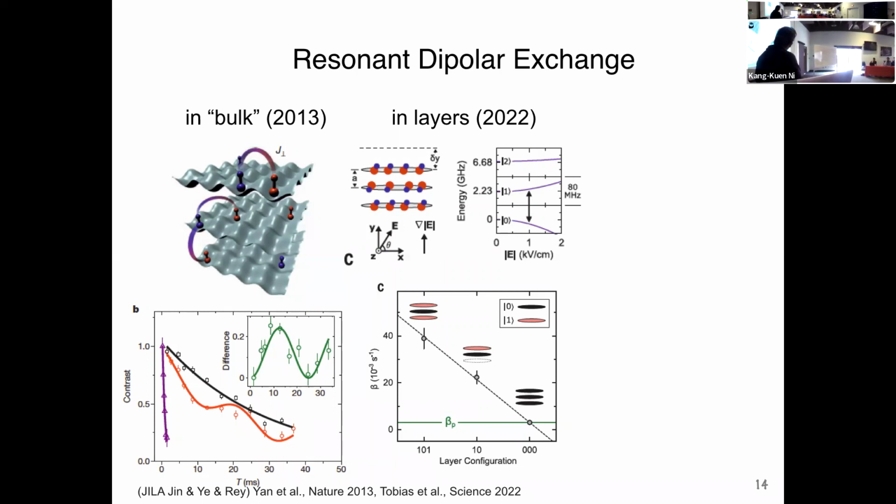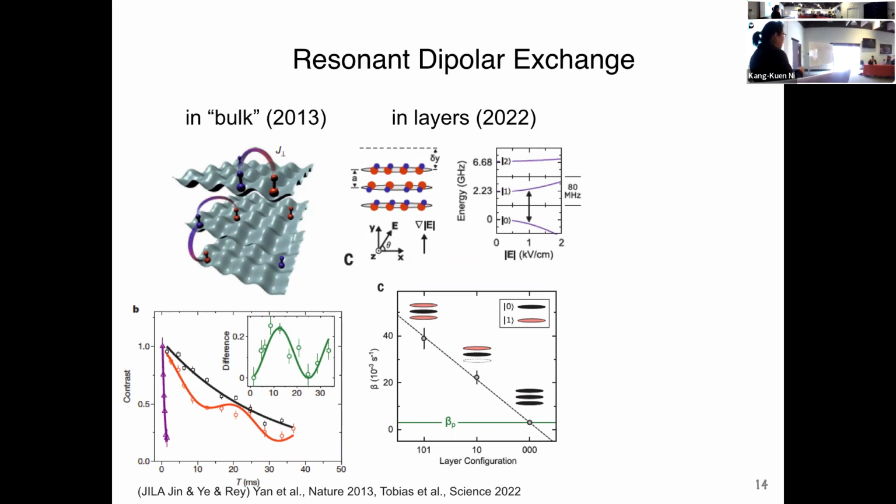For example, in this case, 0, 0, 0, they don't see anything going on, just some phase evolution.